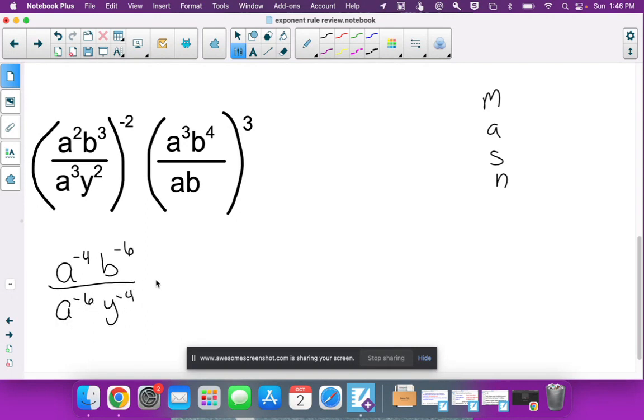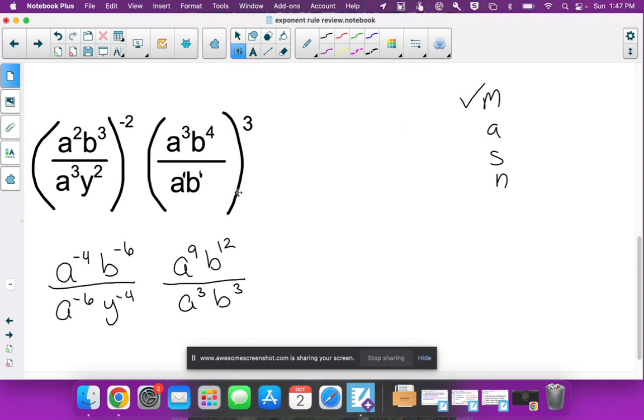Okay, so that one's done. And then I'm going to distribute a 3 to all of them in my second parentheses, including the ones on the bottom. So that's a to the 9th, b to the 12th, over a to the 3rd, b to the 3rd. So I've multiplied every single exponent in my parentheses by that double exponent that we have.